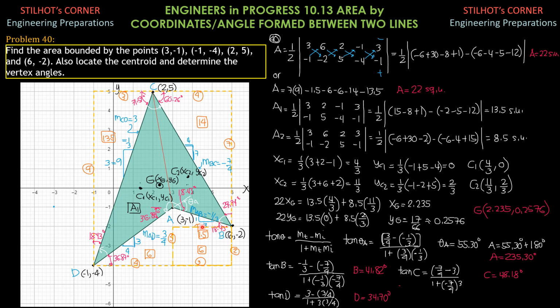Another way is, the angles are presented here. Inverse tangent of 1/3, we don't mind the sign. Inverse tangent of 1/3 using the calculator is 18.435 degrees. Then inverse tangent of 4/7, you will get this angle, 29.74 degrees.